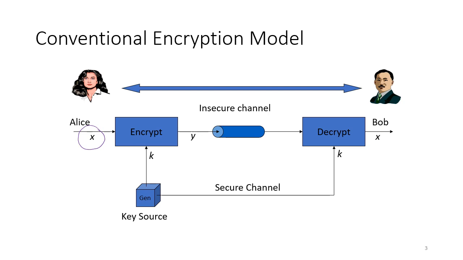She takes a block x and she encrypts it with a key k that you see here. The encrypted data block is called y, and this is called the ciphertext.